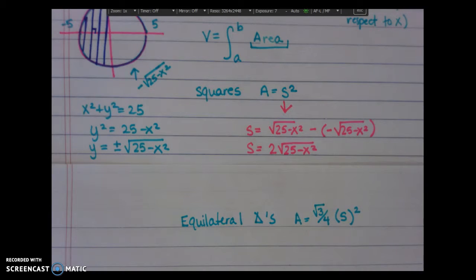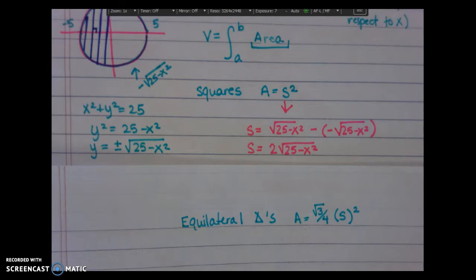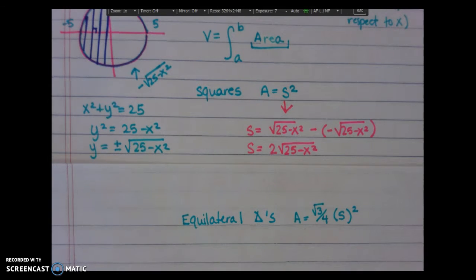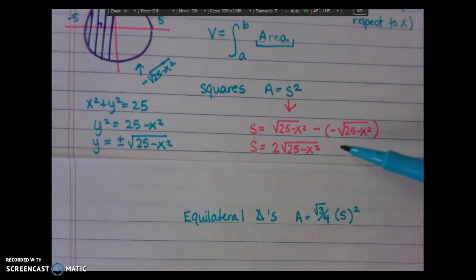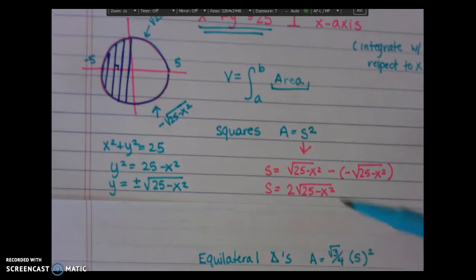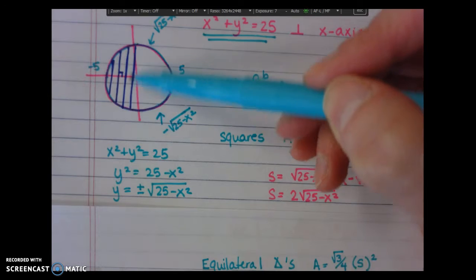Now what's good is we already have the information here to help us out. We've already taken the time to figure out some things, which is kind of neat, because if you notice, when we found the side length of the square, well, that piece of information is still going to be relevant to my equilateral triangles. Because when I put my triangles down, the triangle base went from the top of the circle to the bottom of the circle.